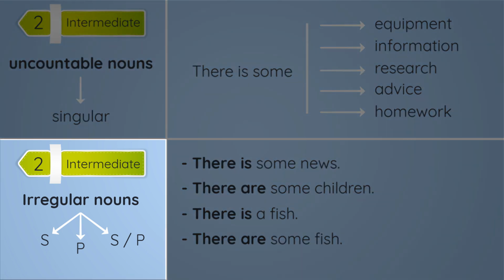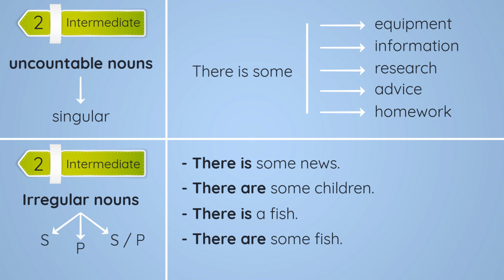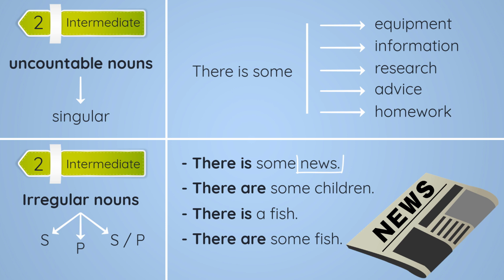So now let's look at what are called irregular nouns. What are those? Well, sometimes they're singular, sometimes they're plural, and sometimes they could be singular or plural. For example, we have this word news. This one is always singular, even though it ends with an S. So it can be a little tricky because you see the S and you think, okay, in English, S usually means that something is plural.